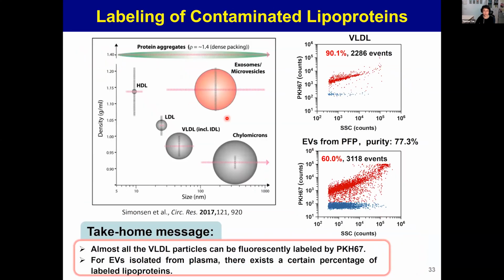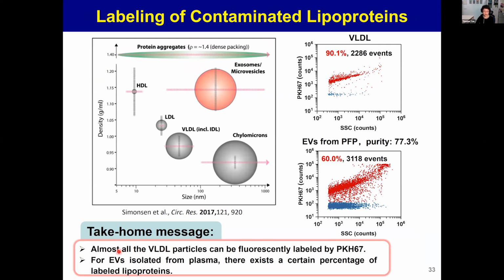Also, due to the considerable size and density overlap of EVs with lipoproteins, we tested whether the residual lipoprotein would also be labeled by those membrane dyes. This is a VLDL, a very low density lipoprotein. We can see that almost every particle can be labeled.